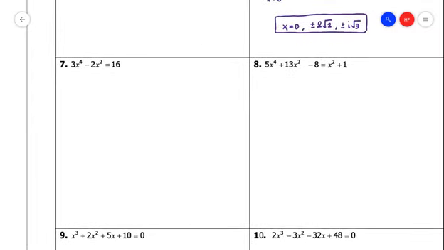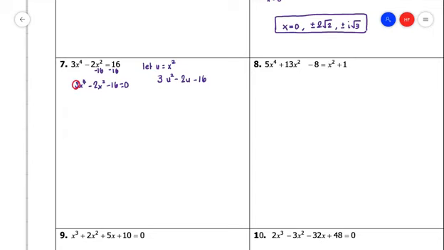Number 7. Remember, I want this to look like everything equals 0. So I need to move that 16 over before I can get started. We get 3x to the 4th minus 2x squared minus 16 is equal to 0. And again, if you have to say let u equal x squared, and then you've got 3u squared minus 2u minus 16, and that's easier for you to solve, then go ahead and do that.